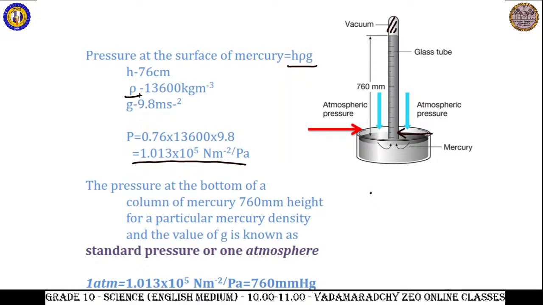If we substitute these values in the formula, we get the answer 1.013 × 10^5 newton meter^-2.